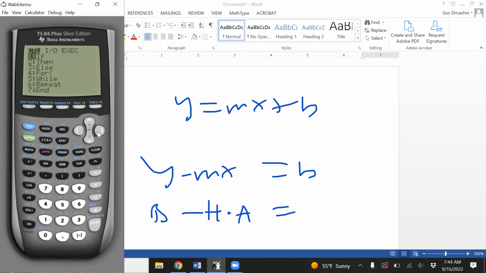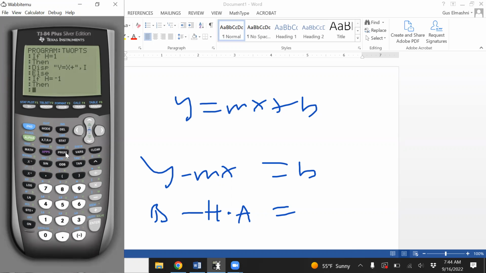So program if alpha h equals -1, then program display y equals -x plus something.